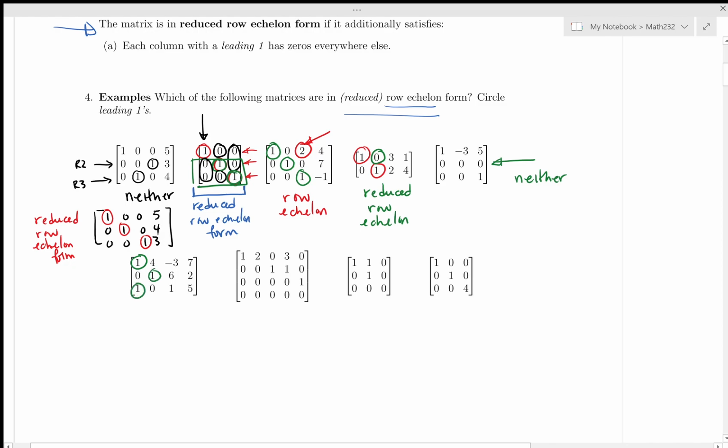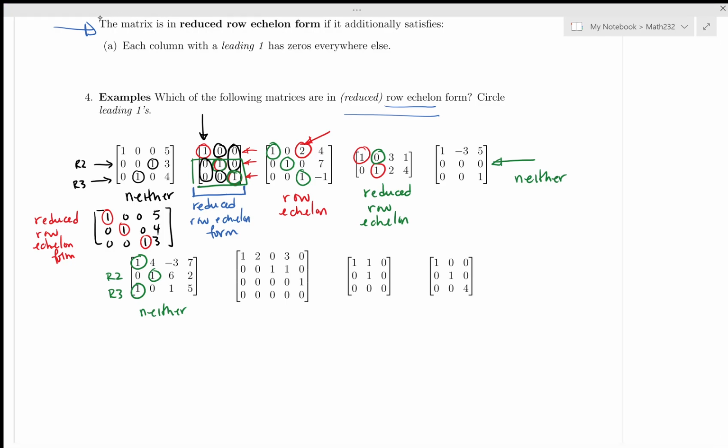I see that the last row is not to the right, like row 3 here. The 1 in row 3 is not to the right of the 1 in row 2. So this one is also neither. Again, I may be able to swap rows and fix the problem, but as it stands, it's neither.